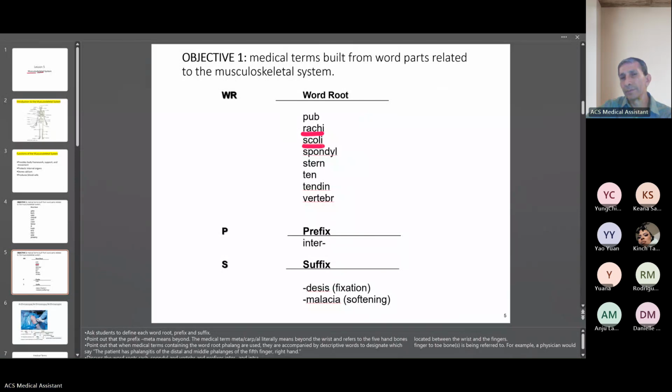Scoli, you might say, oh, wait a minute, scoli doesn't sound like anything that I know. Yes, you do. You heard about the word scoliosis. Scoliosis is an abnormal condition, an abnormal curvature of the spine, the entire spine.